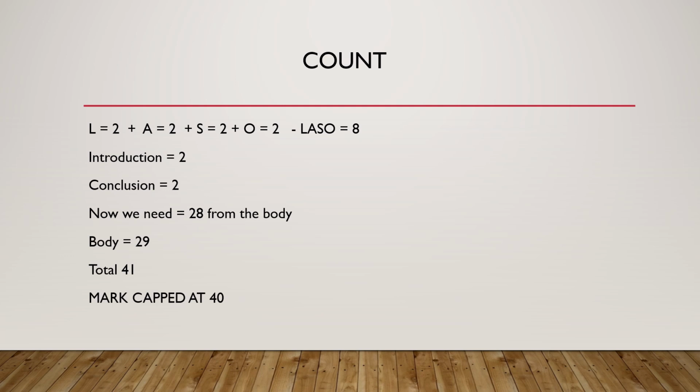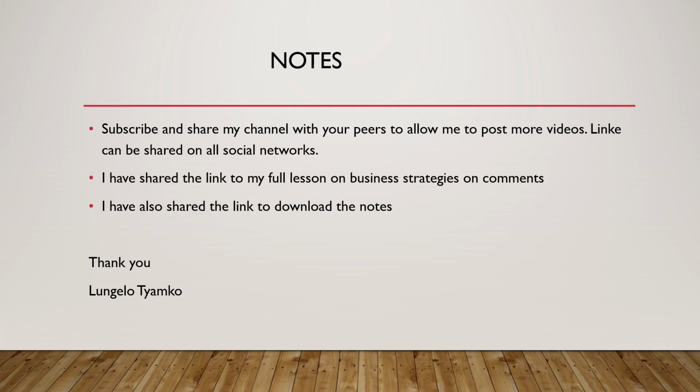Based on all of those ticks that I was counting on the actual content, we have now gone up to 41 marks. We have the 41 marks, but the mark can only be kept at 40, so we will get 40 out of 40. This is how easy it is to get full marks for business studies essays.